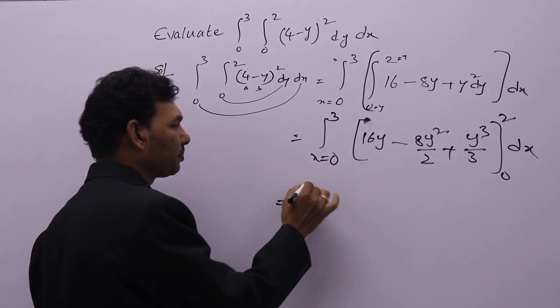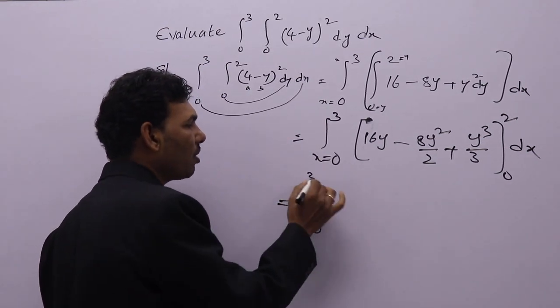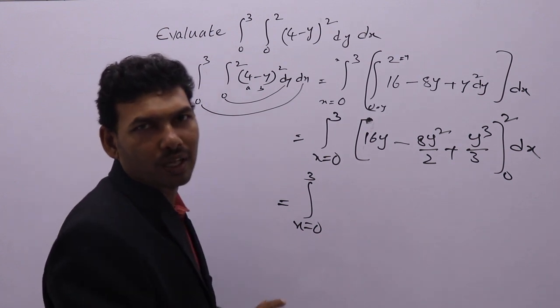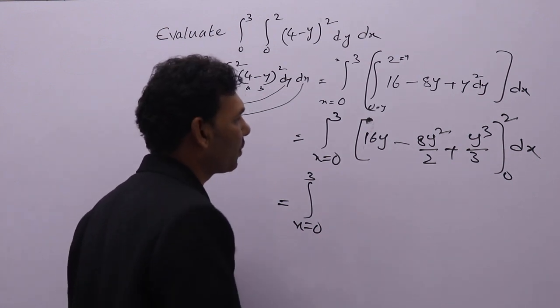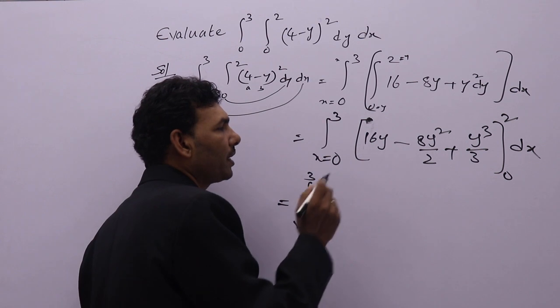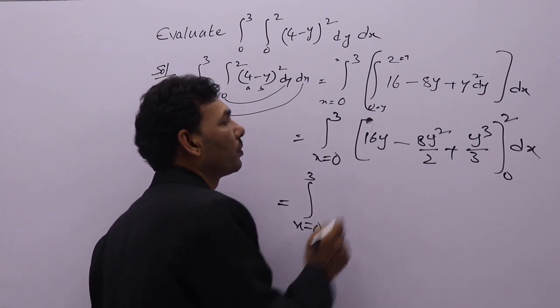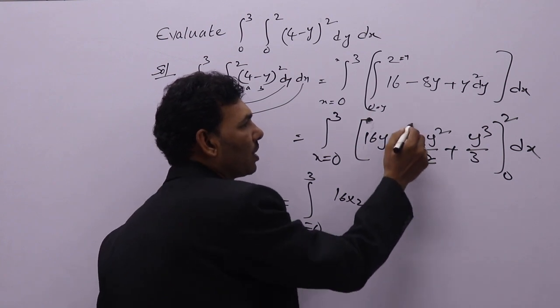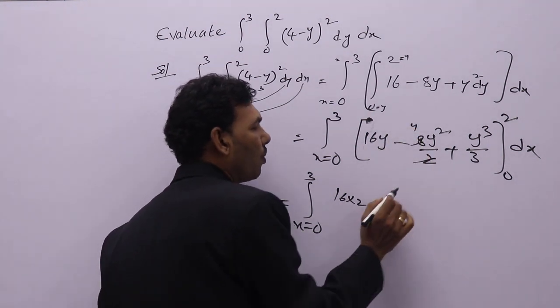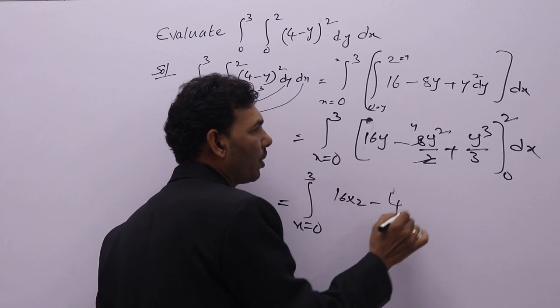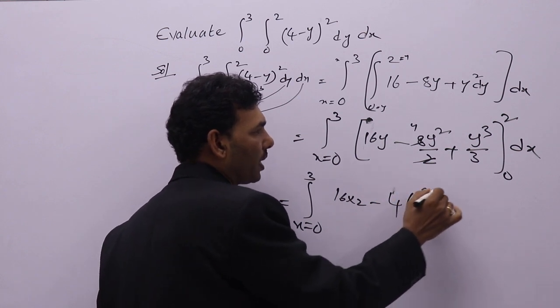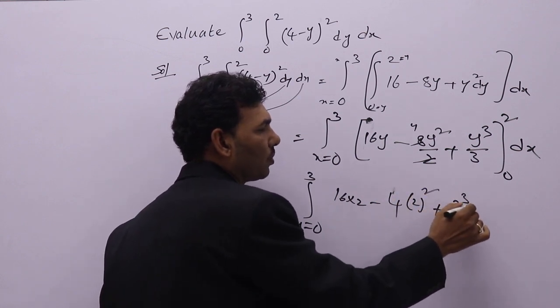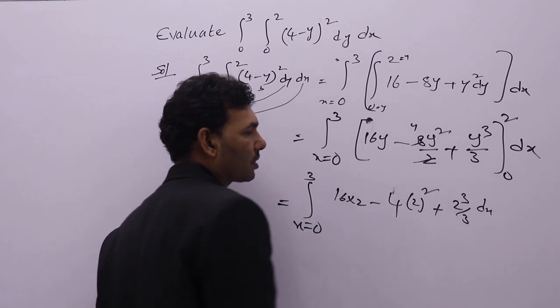Now write 2 in the place of y. What will you get? 16 into 2 minus 2 square by 2, that is 4 by 4, into 2 square plus 2 cube by 3, dx.